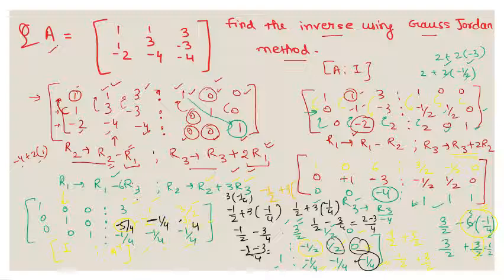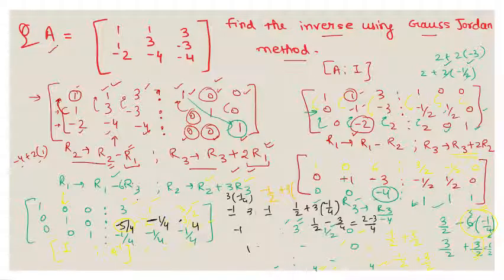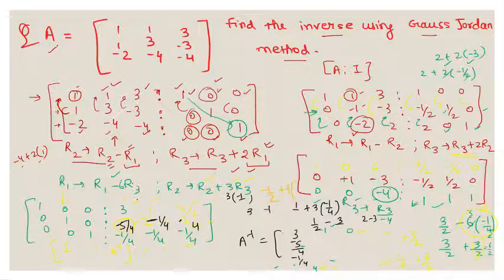Let me rewrite. I hope you have understood the concept very well, right? Calculations are very important, but these are secondary. I hope you can do it now. So your resultant A inverse is 3, minus 5 by 4, minus 1 by 4, 1, minus 1 by 4, minus 1 by 4, 3 by 2, minus 3 by 4 and minus 1 by 4.